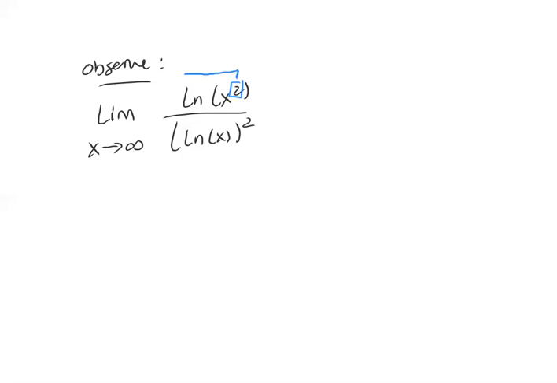If I wanted to find the limit as x approaches infinity of that same function, natural log of x squared over natural log of x squared a different way, I might notice algebraically that this top function, I have the logarithm of something raised to a power, which by my rules of logarithms, I can bring that power to the front of the logarithm.